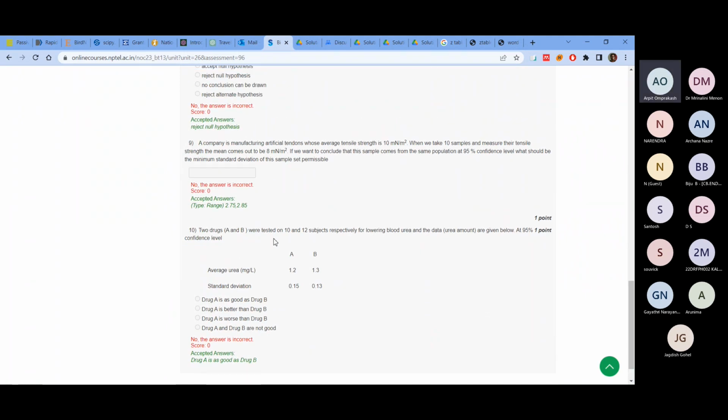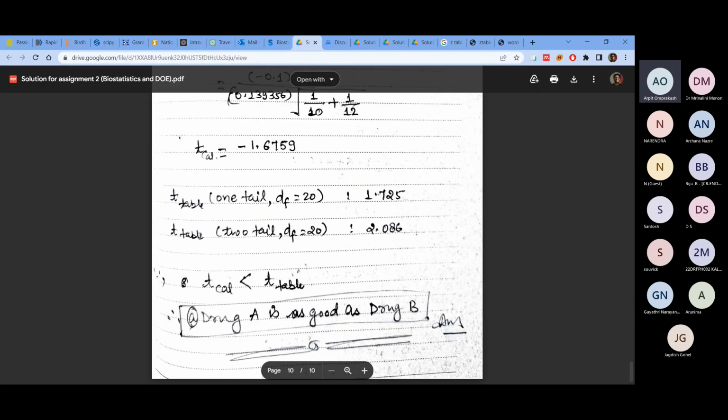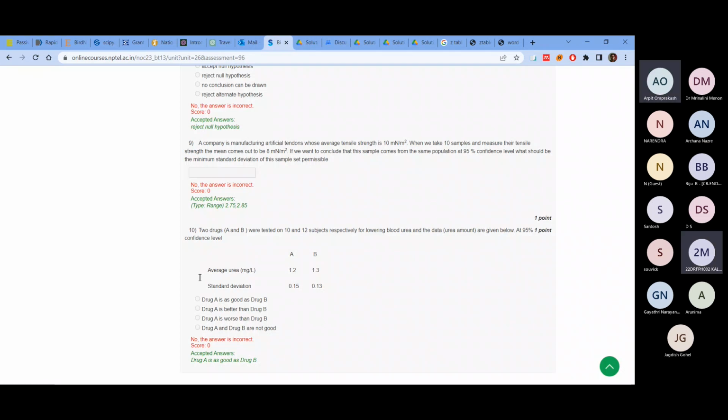In this case, you did a t-test and you found that the t calculated value is less than the table value. That's why you are saying that drug A is as good as drug B. But if you find that the t calculated value is greater than the t table value, then you can say that drug A is better than drug B or drug A is worse than drug B. Okay, so the fourth option is not going to be right in any case?